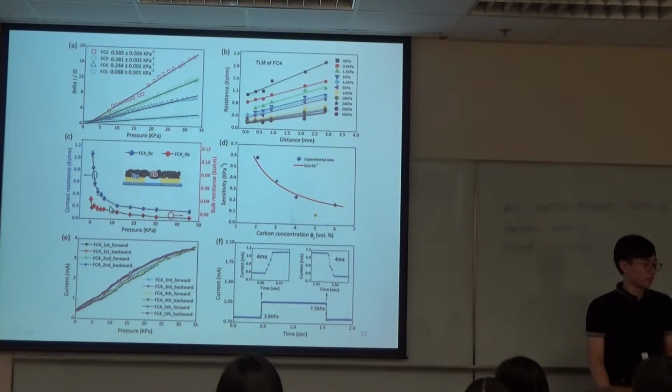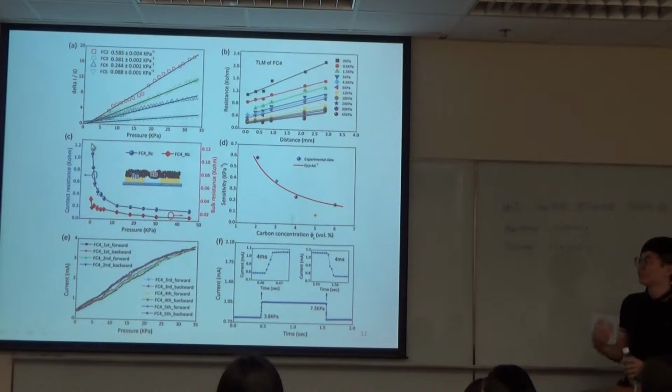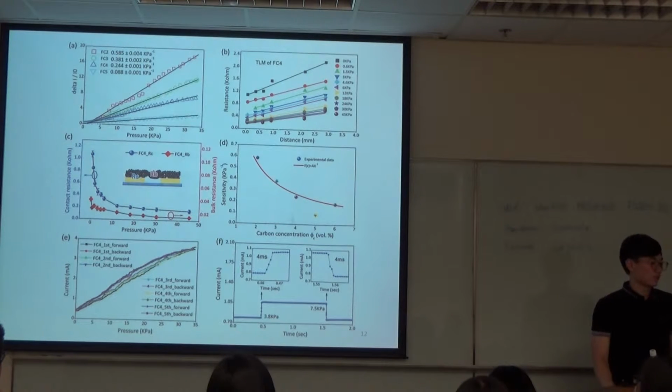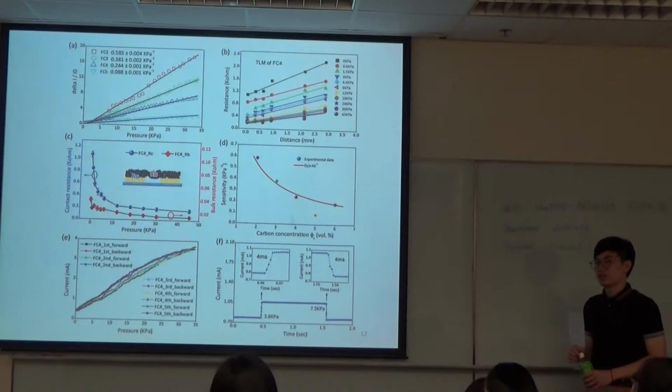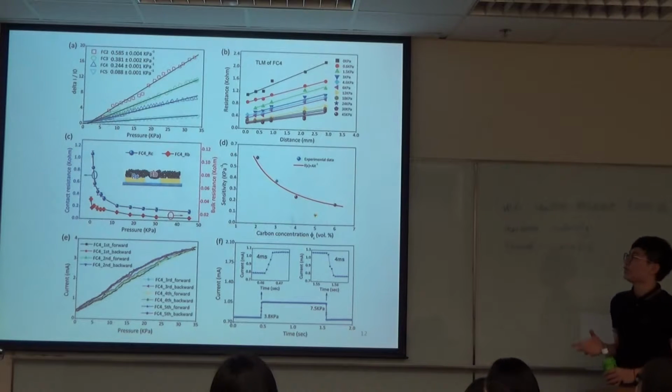Before the saturation point, they decrease approximately linearly, in the range of 0 kilopascal to 5 kilopascal. One thing to mention is that the contact impedance is much greater than the bulk resistance, which means the contact impedance dominates this reduction of the resistance.